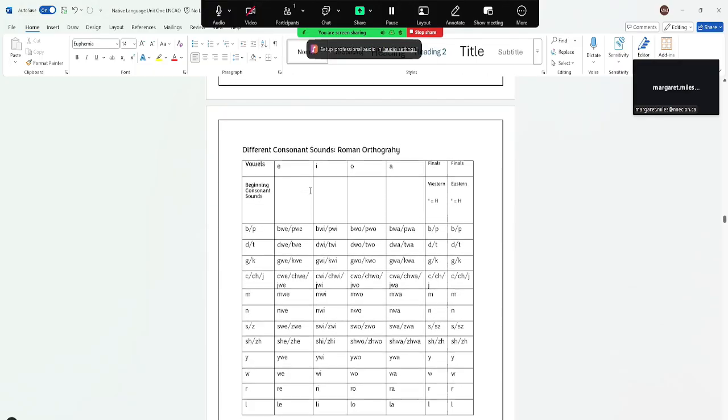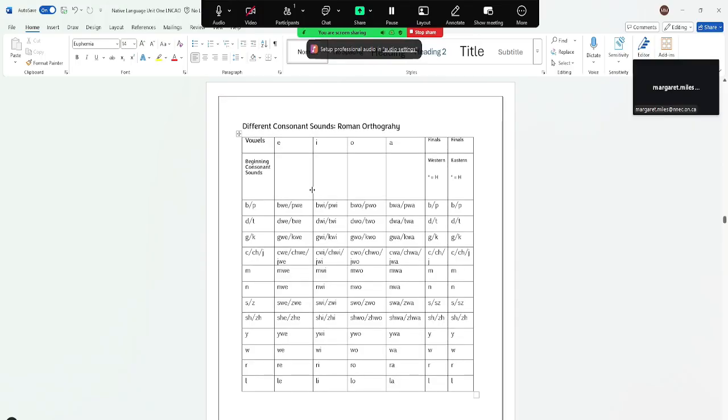The second chart is different consonant sounds, and this is written in the Roman writing. Here in this chart, the W is in between B and E on the first one. Pwe, pwe.